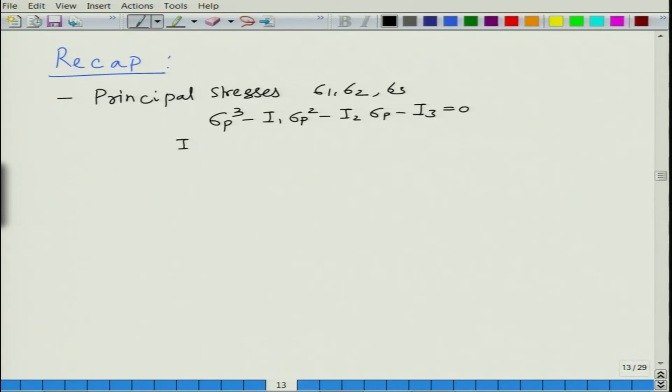So, I1, I2 and I3 are functions of the normal and shear stresses, sigma x, y or z and tau ij. You can calculate the three values of sigma p.